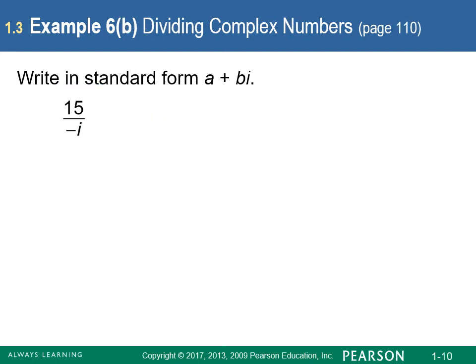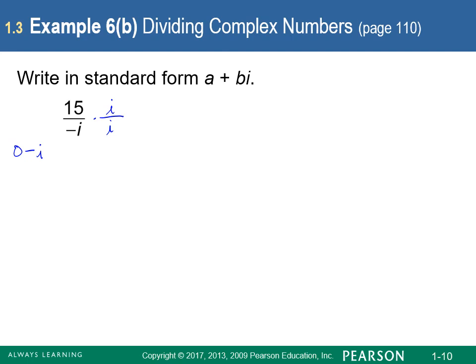This is the same as the previous one, except it's a little weirder looking because some of the things are missing. However, if we multiply by the conjugate, now this negative i is the same as 0 minus i, and its conjugate would be 0 plus i, which would just be i.